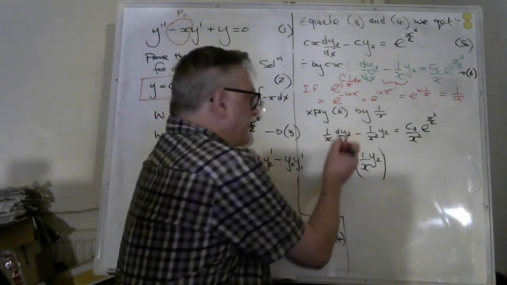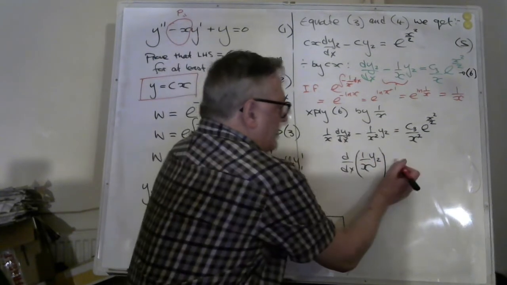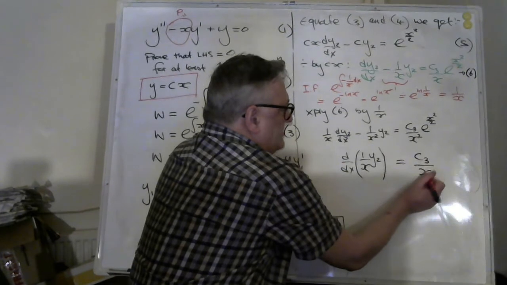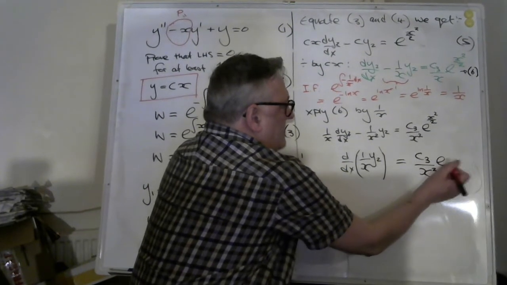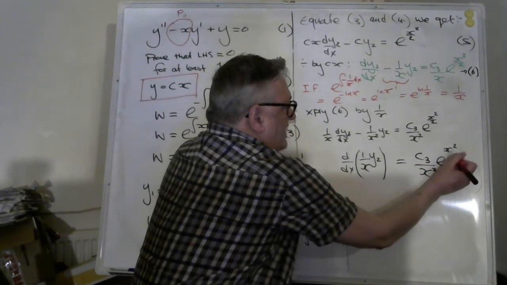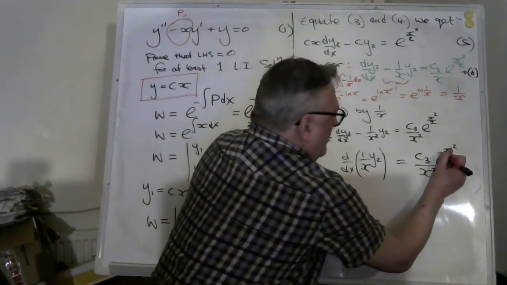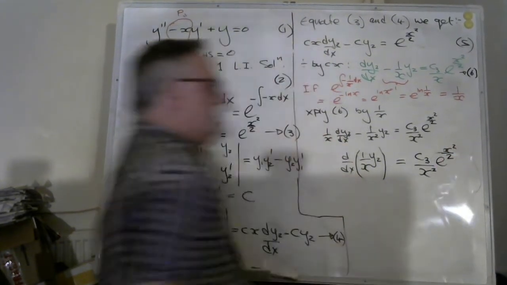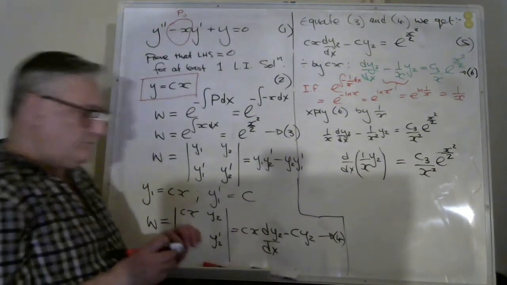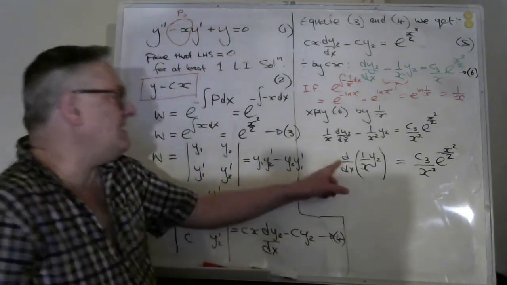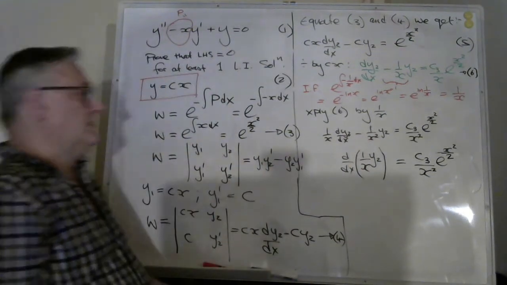So this is what we've got on the left hand side, and that is equal to c3 over x squared e to the x squared over 2. Now, we're not finished yet, because what we have to do is integrate both sides.